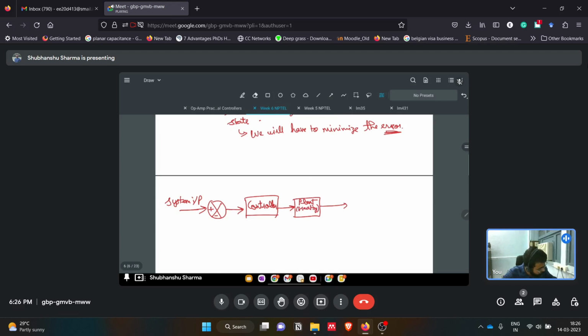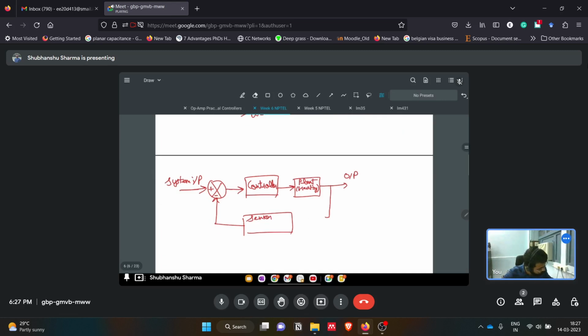Then we are getting the output, and this output is being fed back to our controller using a signal conditioning circuit. Like the output is being sent to a sensor, and then it is being fed back via the signal conditioning circuit. Sensor and signal conditioning. Okay, so this is it.